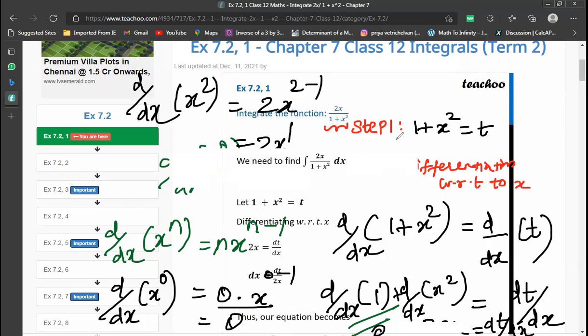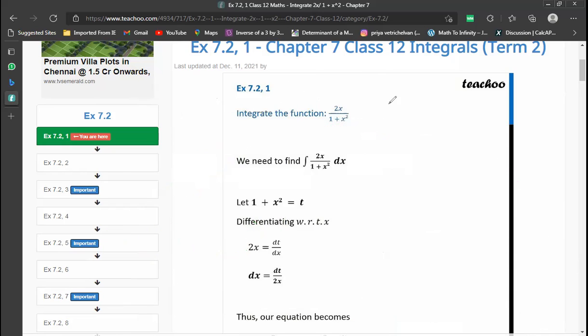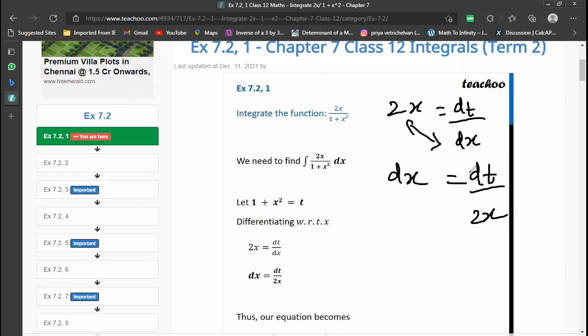So 2x is equal to dt by dx, and we can write this as dx is equal to dt upon 2x. So we performed the second step also.